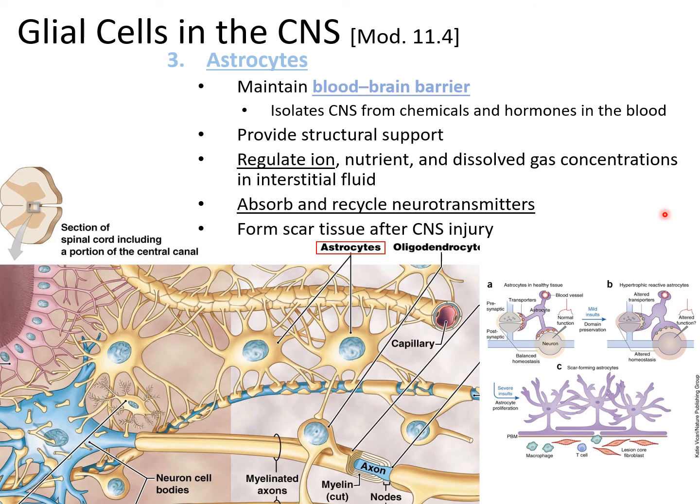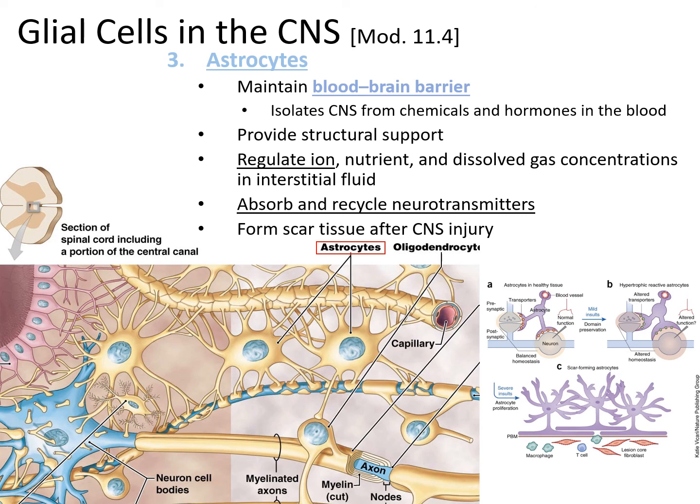Finally, astrocytes help to form scar tissue after a central nervous system injury. What we can see down here is a little bit more detail than you need, but what I want to point out is that when a neuron is damaged, so when you get a concussion and your axons are stretched or torn, it is your astrocytes in the central nervous system that can use these little feet-like appendages to overlap and pretty much put a band-aid over your axon as it is regenerating, as it is growing back, which is possible.